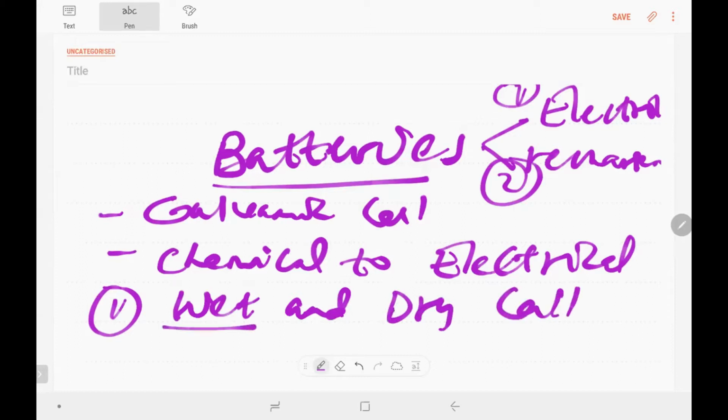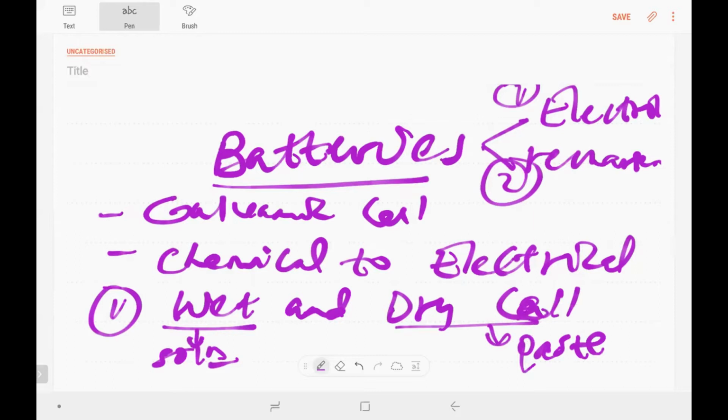What are wet cells? Wet cells are batteries that have their electrolyte in solution form. Dry cells have their electrolyte in paste form. For example, a car battery is an example of wet.